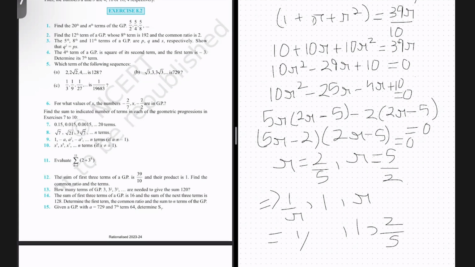So ultimately, the first three terms are 5 by 2, 1 and 2 by 5.